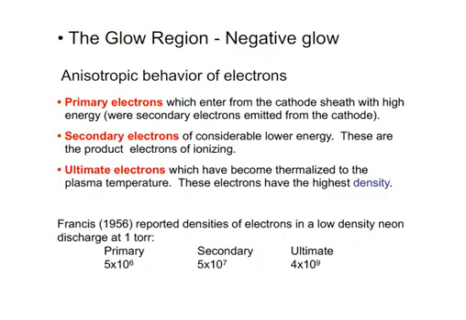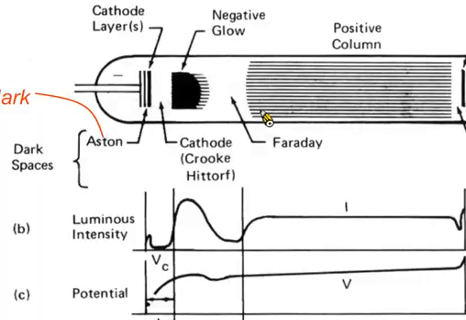And since there's a distance, or a length, of the negative glow, it depends on the pressure you use. If the pressure is very high, then the thickness of the negative glow is very thin.